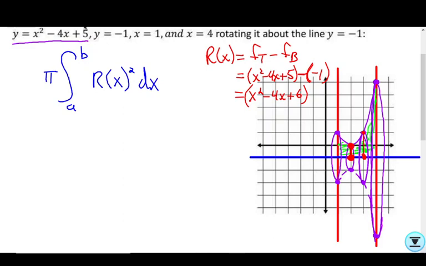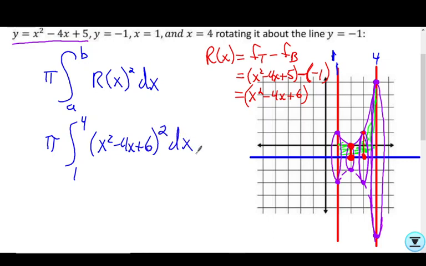And my volume is starting at this line here at 1 and going to 4. So those are my limits of integration. So plugging in everything I know, pi from 1 to 4, my radius, which is x squared minus 4x plus 6, squared, dx. Okay?